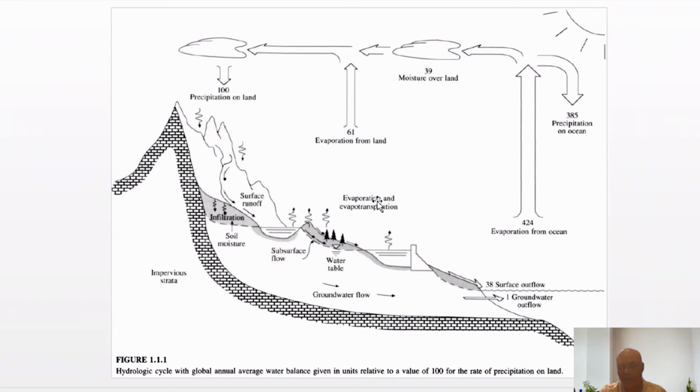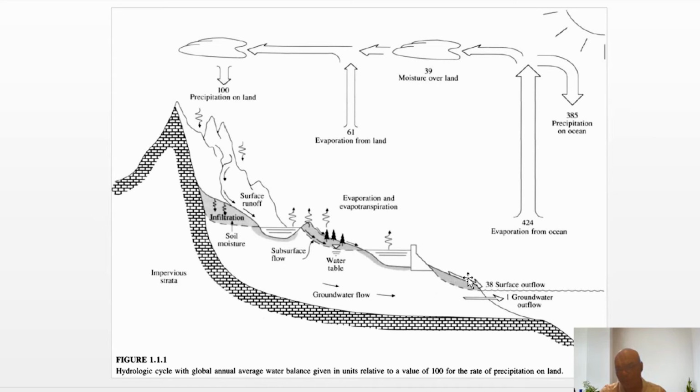When this 100 units of precipitation occurs, 61 units of water is evapotranspired from land and trees. So out of 100 units, 61 units go back to the atmosphere, and the remaining is 39 units. Of the 39 units, 1 unit reaches groundwater, and the other 38 units are subsurface flow and surface flow.